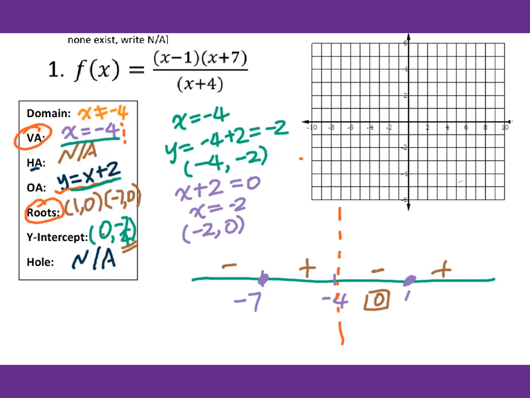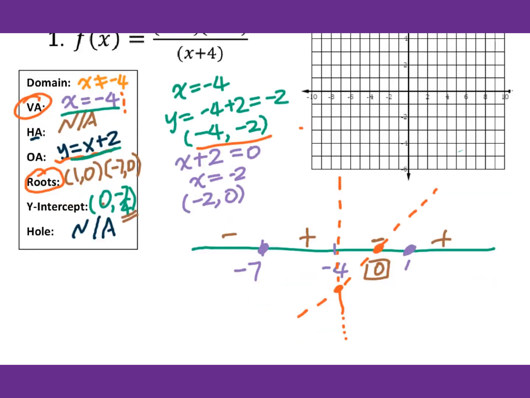Then I will plot negative 2, 0. It's over here. Negative 4, negative 2. It will be here. Then I will connect these 2 points to get oblique asymptote line.